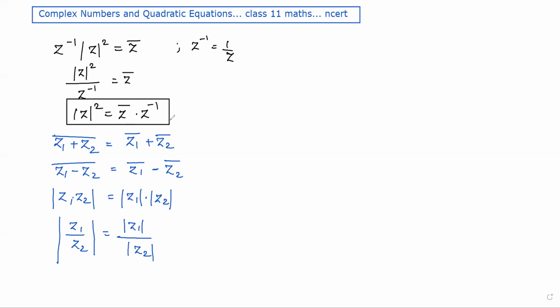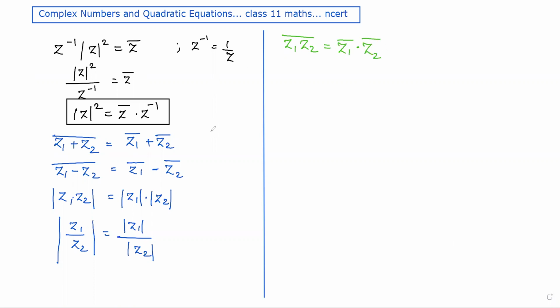Observe, in all these formulas, the left hand side and right hand side will always give you a conjugate value. Next, if you multiply two complex numbers, Z1 and Z2, and take their combined conjugate, then that is equal to the first value's conjugate multiplied by the second value's conjugate.